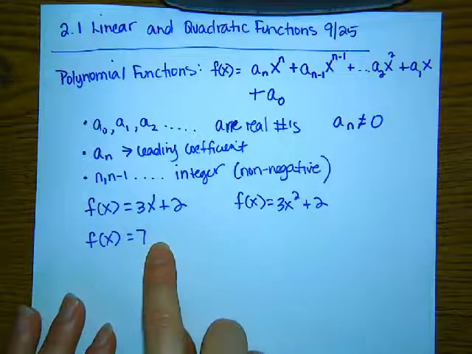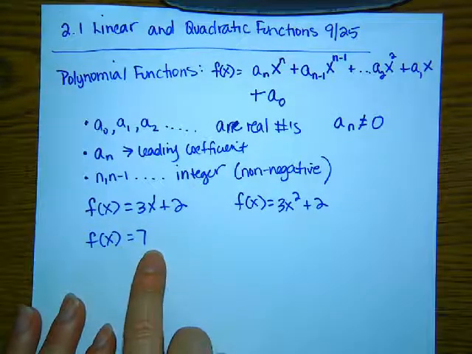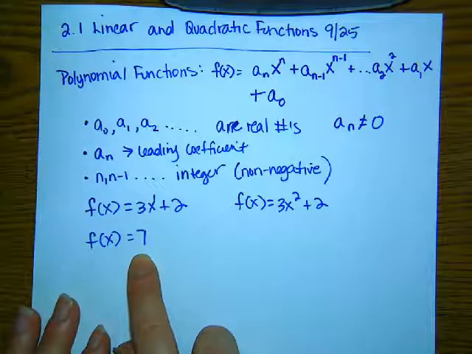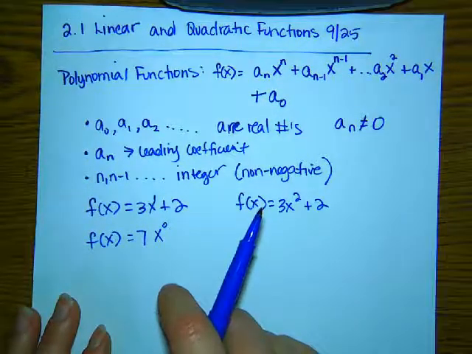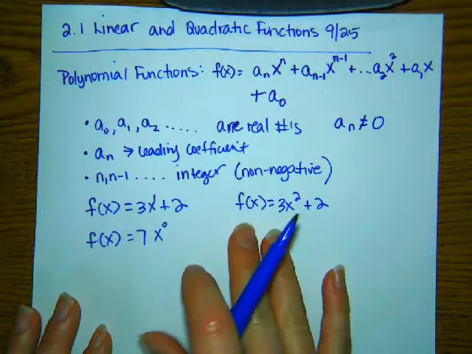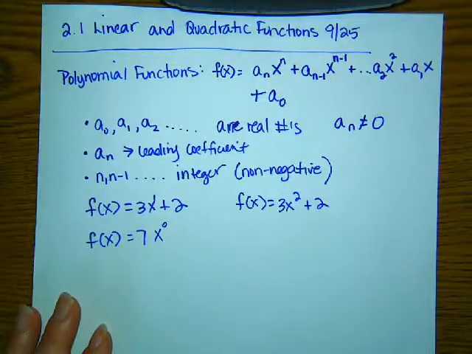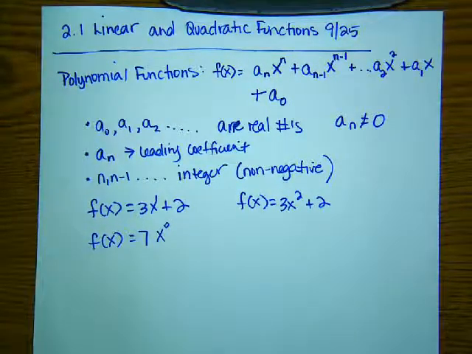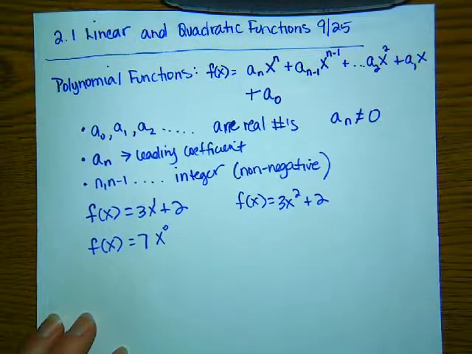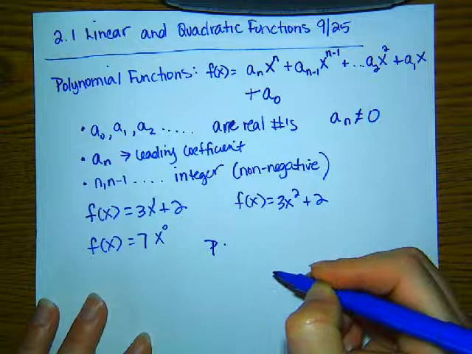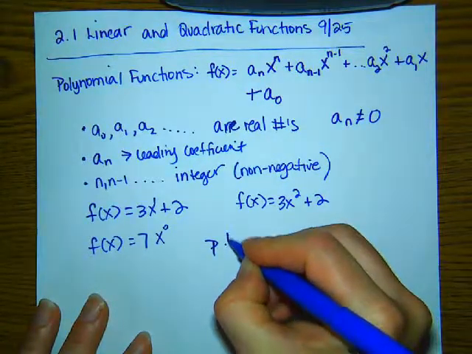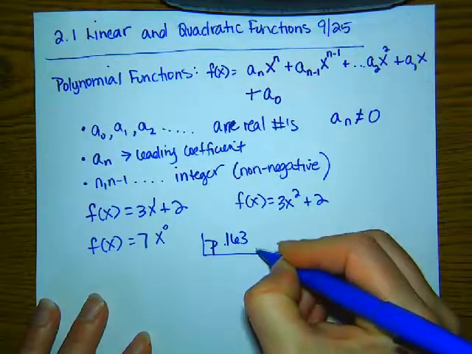If I had to write something there, this is technically considered a polynomial, leading coefficient 7, but I could write that, but we just talked about that, x to the 0 would be 1. So, just an example of a couple things that you'll see. If you want to look at more of what is a polynomial, what is not, you can look in your book on page 163.